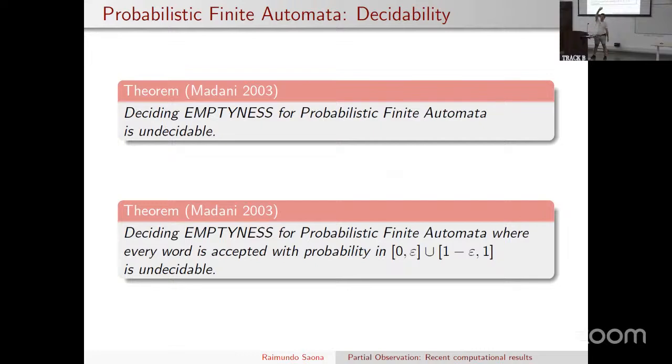Just either almost accepted always or almost rejected always. Even under that promise, the problem is undecidable. So very simple model, very hard undecidability.